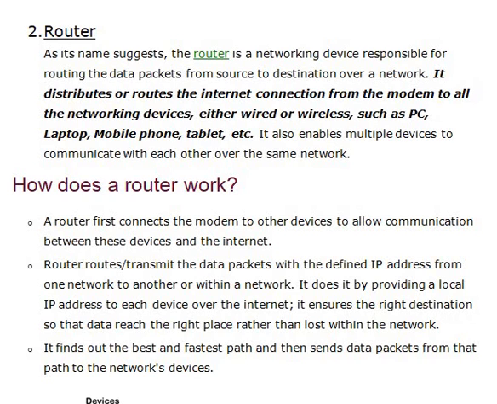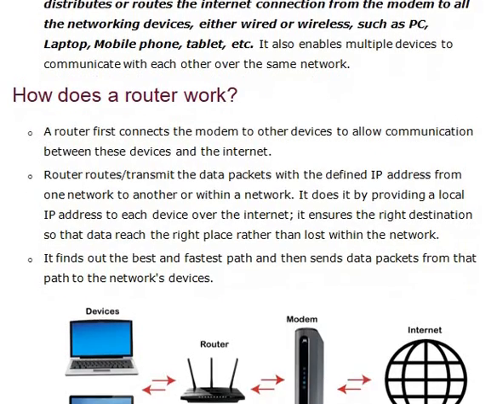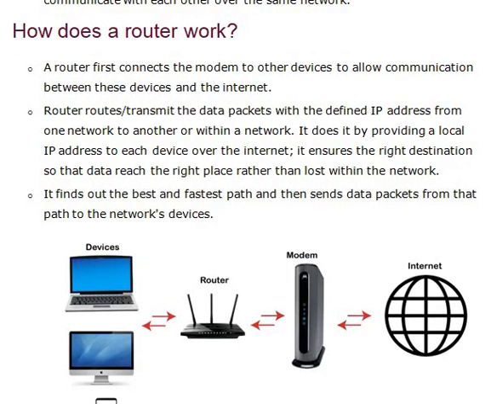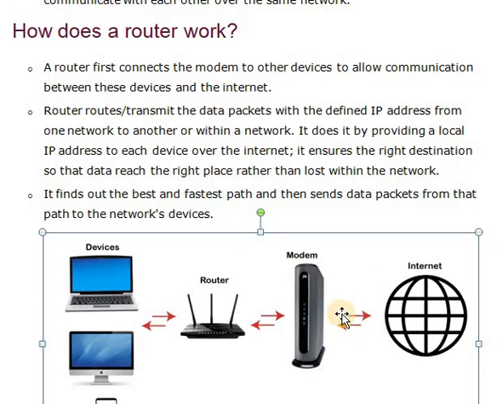Now students, I am telling you the working of the router, how the router works. Simply, the router is first connected with the modem and then to the other devices. As you are seeing in the picture, the internet connection is first connected with the modem, then the modem is connected with the router, and the router connects various numbers of devices.